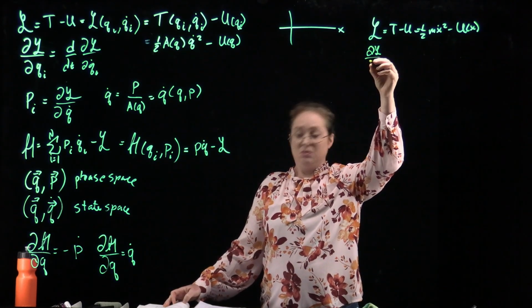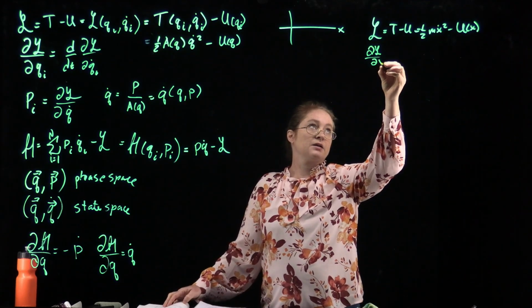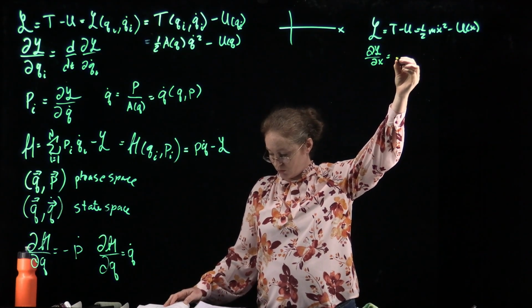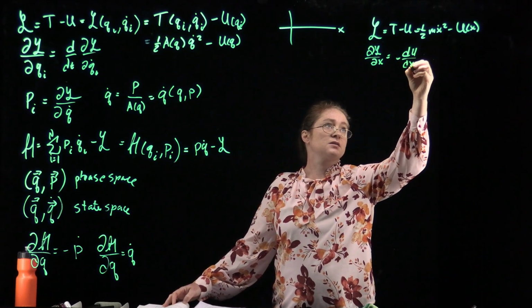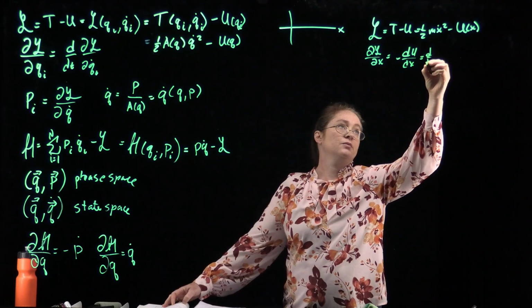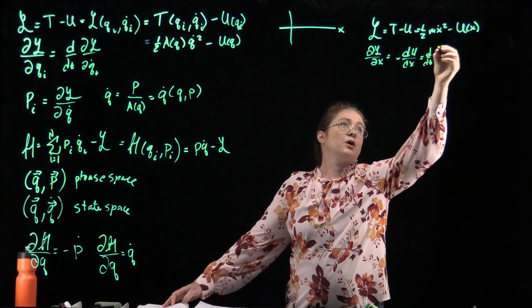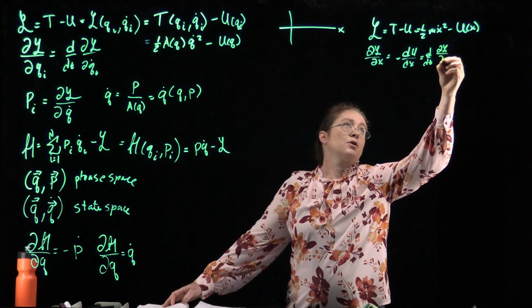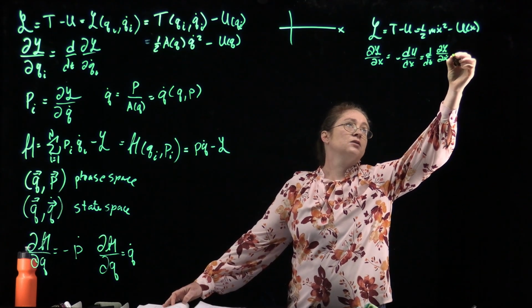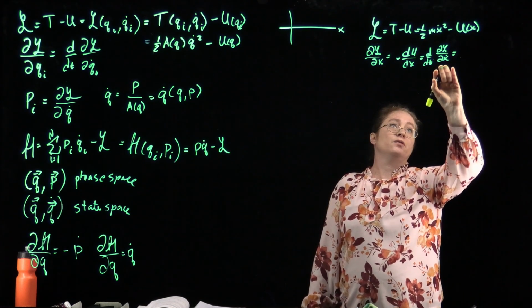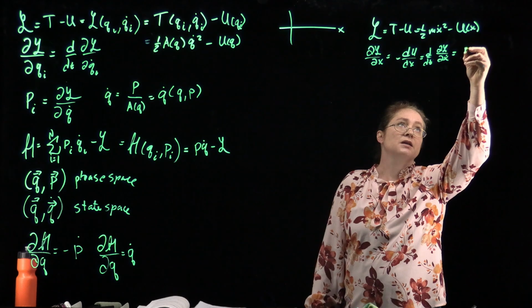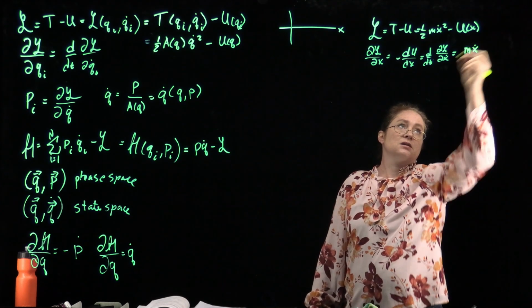Partial L partial x is equal to negative dU/dx, and this is equal to the time derivative of partial L partial ẋ, which is m ẋ.